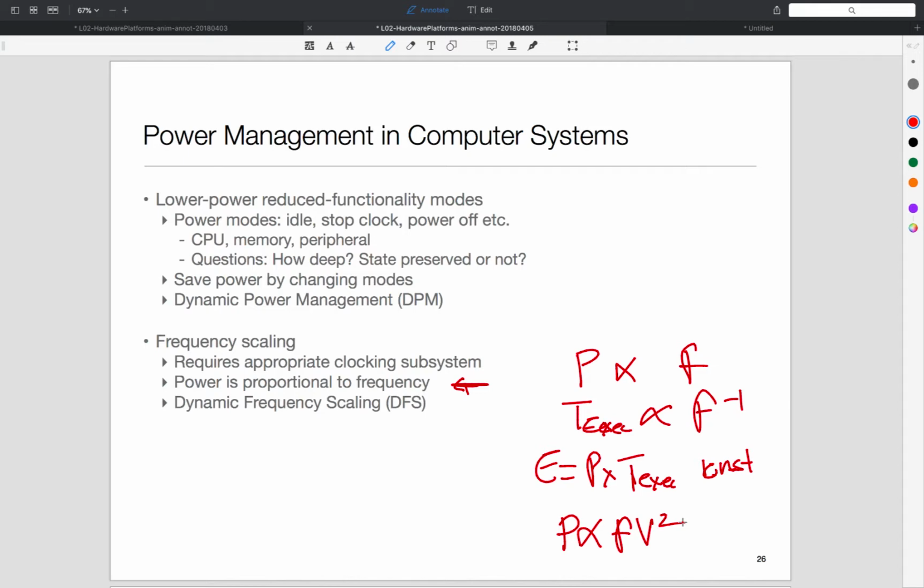If you think at the physics level, voltage has a positive relationship with frequency. So I increase the voltage, frequency goes up. It's a more complicated nonlinear relationship and saturates at some point, but there's a big region of operation where you increase the voltage, frequency goes up.